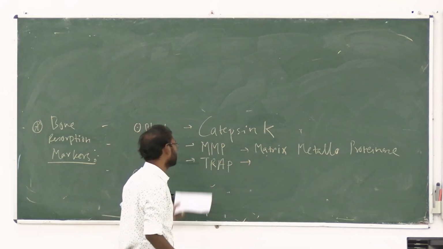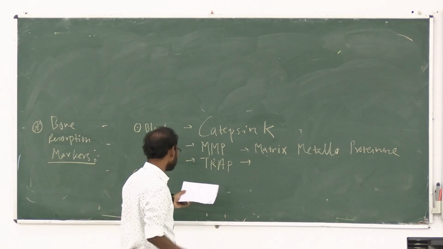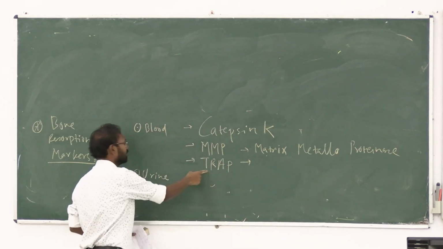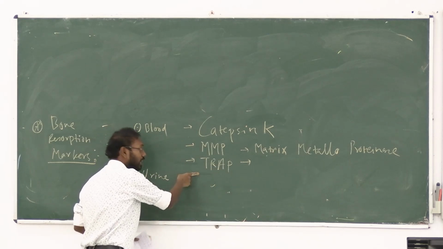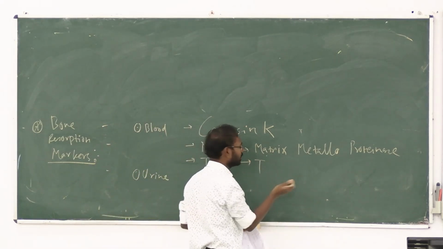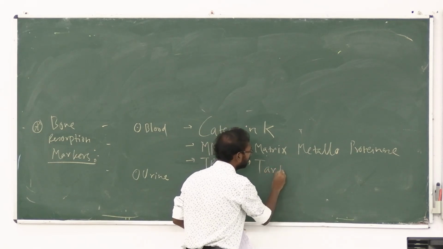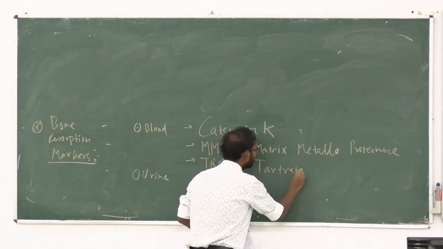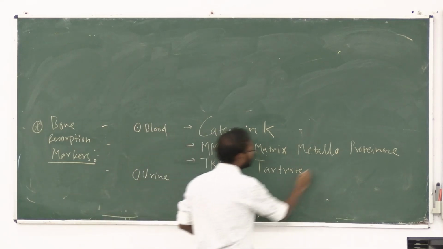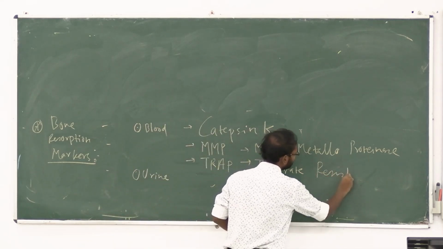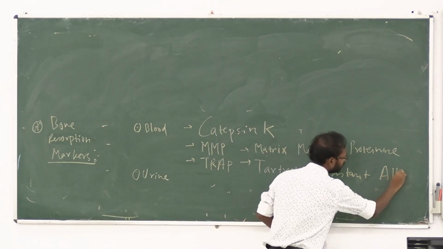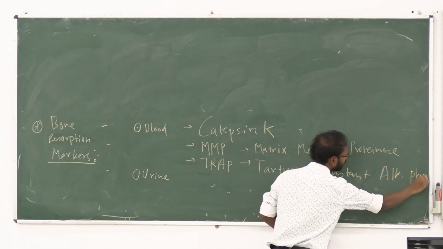And third is TRAP. TRAP means tartrate resistant alkaline phosphatase. AP is for alkaline phosphatase only. Tartrate, just like citrate, is a substance. Write tartrate resistant alkaline phosphatase.